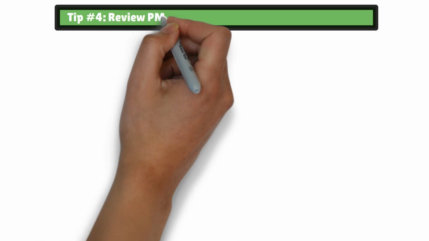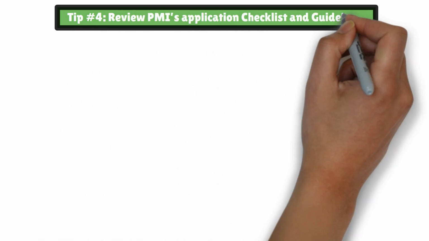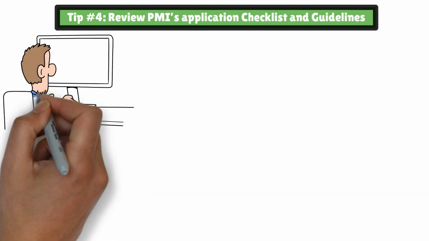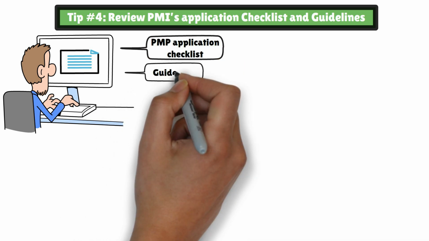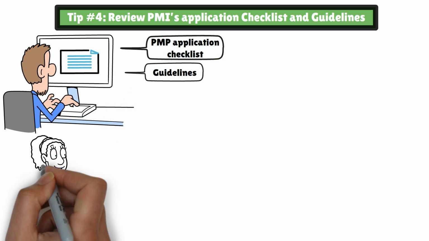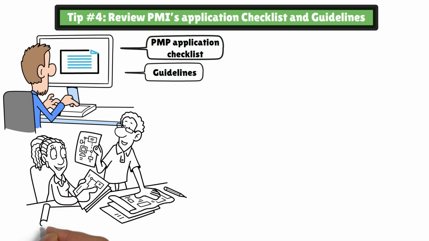Tip number 4. Review PMI's application checklist and guidelines. PMI offers valuable resources like the PMP application checklist and guidelines. You should review these resources and understand what PMI expects in your PMP application.